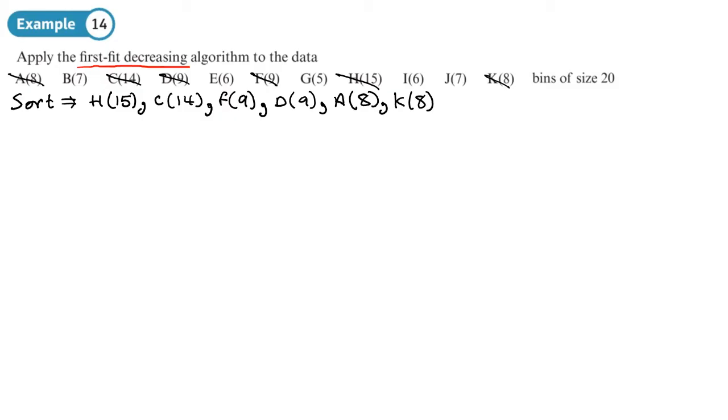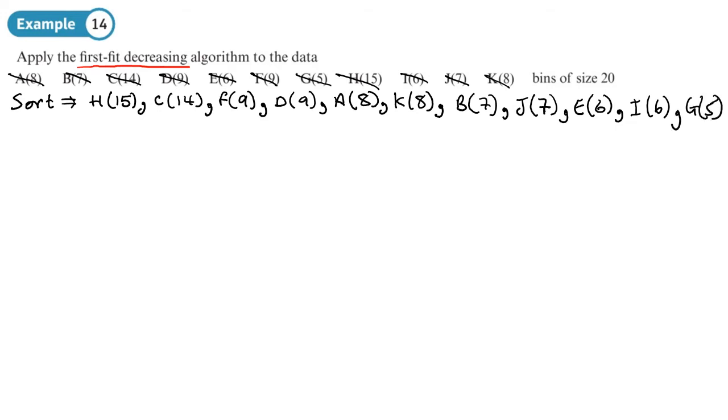We've now got the items of size 7, which are B and J. And then we've got 2 of 6, E and I. So E and I. And then lastly, we have the G of 5. Okay, so now we've got these in order of size.